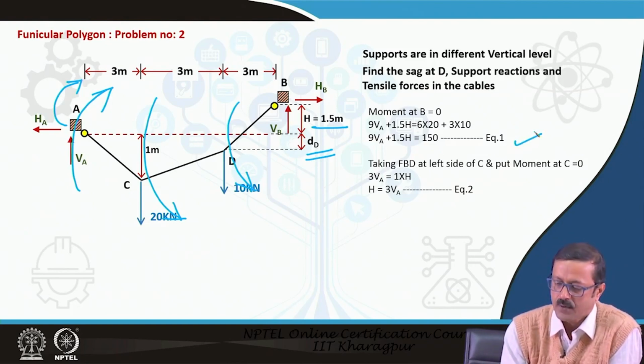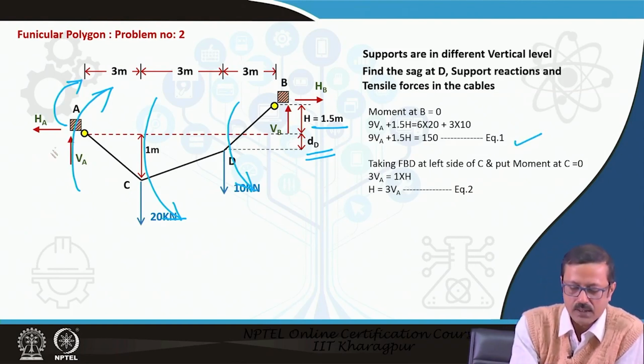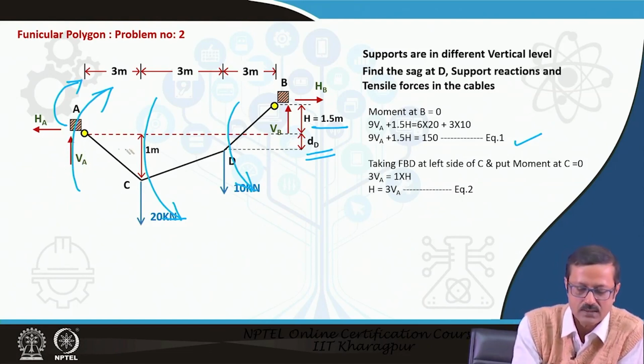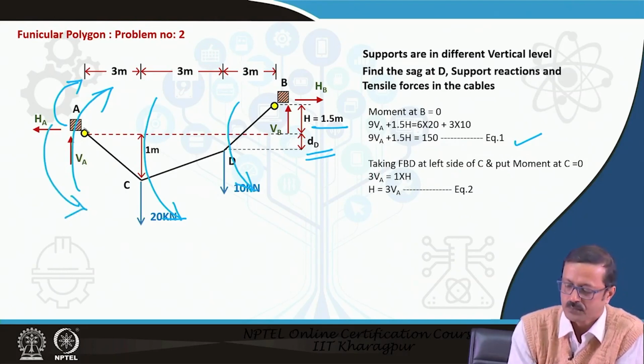And if I take the free body at C, I can find out the relation between VA and H: 1 into H, because 1 is this distance, so that is this moment, and VA into 3.